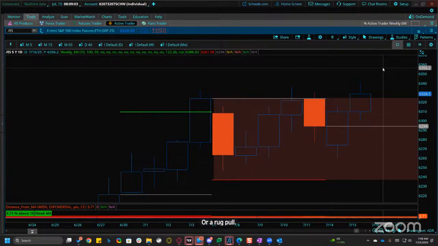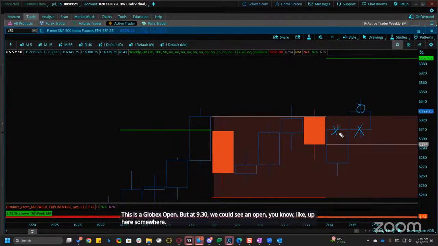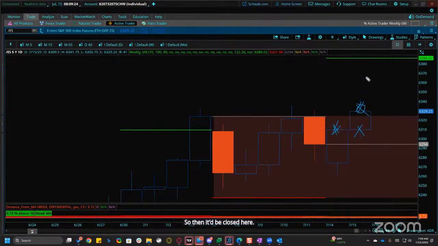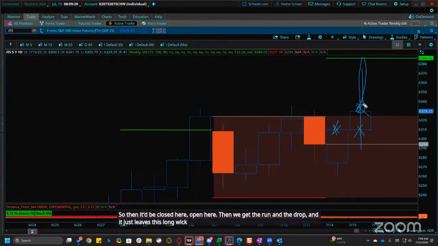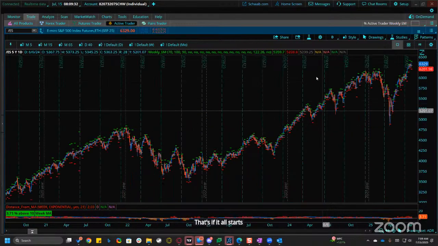So we're looking for a gap up, maybe even a bit higher on the run. This is a Globex open, but at 9:30 we could see an open up here somewhere. So then it'd be close here, open here, then we get the run and the drop, and it just leaves this long wick behind. That's if it all starts to unravel from here, right?